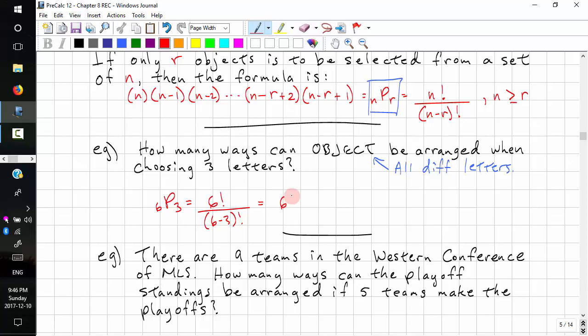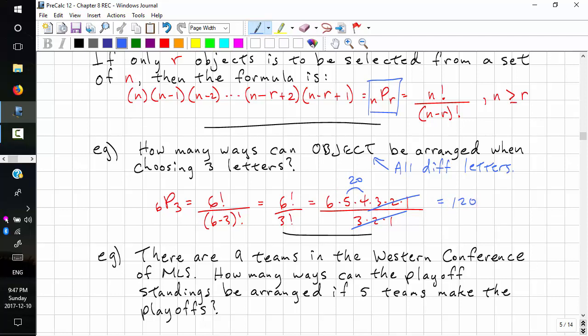So this is 6 factorial over 3 factorial. And let's write this out. When we're doing a permutation of a smaller set, lots of numbers cancel out. This makes it easy to do in our head. 5 times 4 is 20. 20 times 6 is 120.